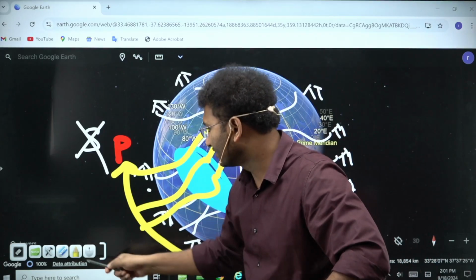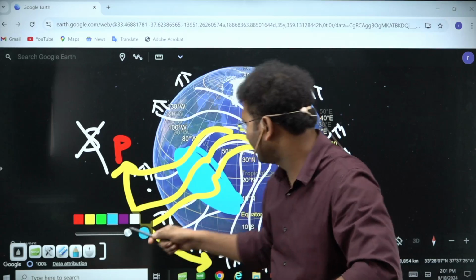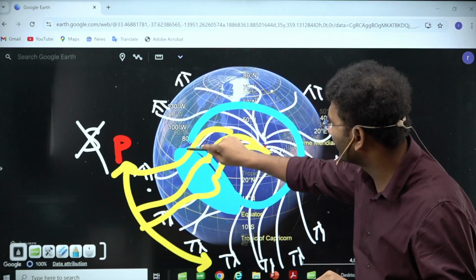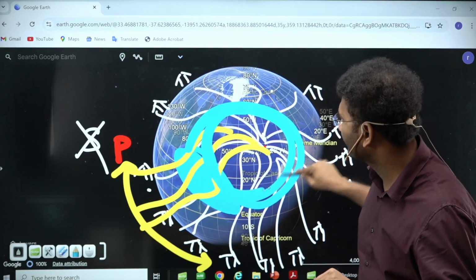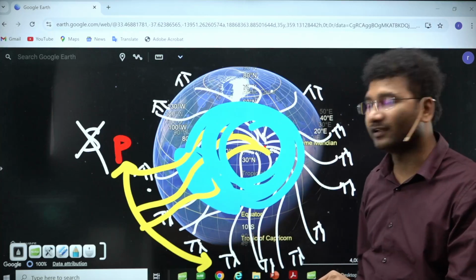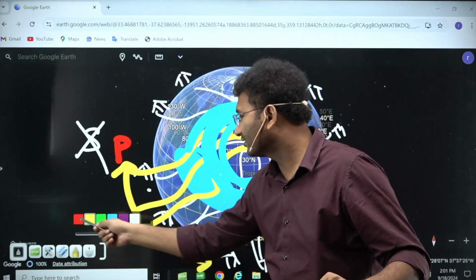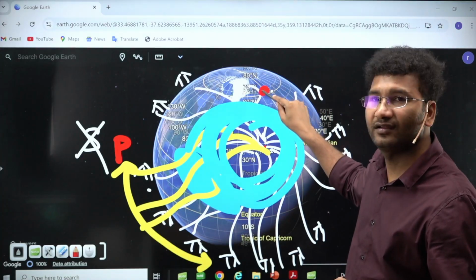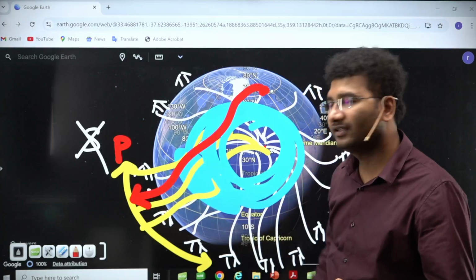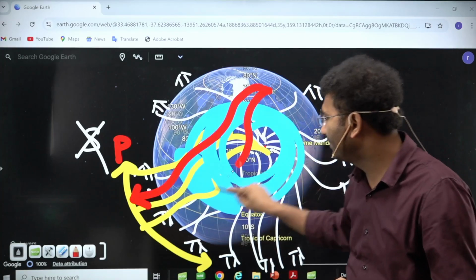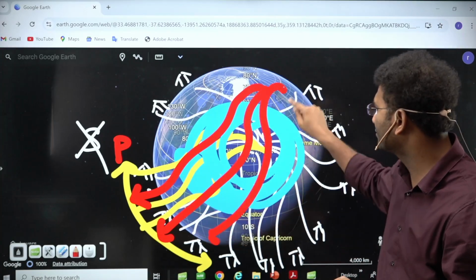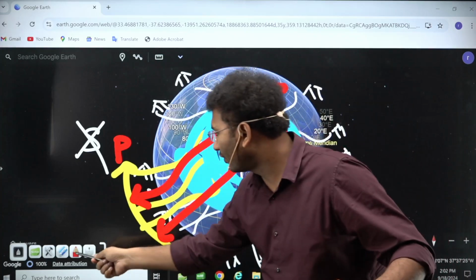Now let's imagine that there is an entirely liquid layer within the interior of the earth. Imagine this is a liquid layer, and an earthquake is generated at this point. This is a P wave, it can pass, a P wave can pass here also, a P wave can also pass. But what about the S wave?